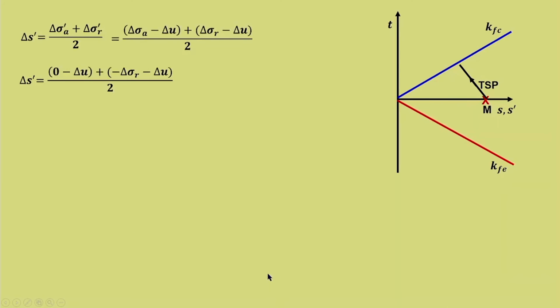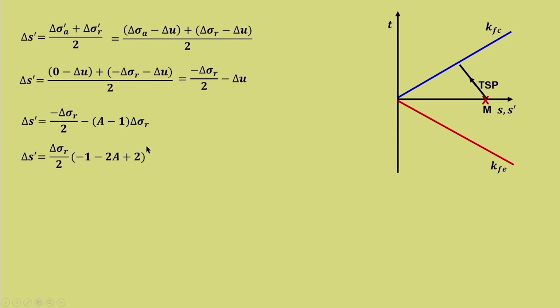So, if we substitute for delta U, then we will get delta S' is equal to minus delta sigma R by 2 minus delta U. So, delta S' is equal to minus of delta sigma R by 2 minus A minus 1 delta sigma R. So, this is the expression for delta U. So, delta S' is equal to delta sigma R by 2 into minus 1 minus 2A plus 2.